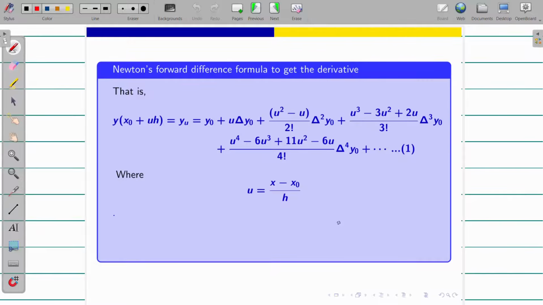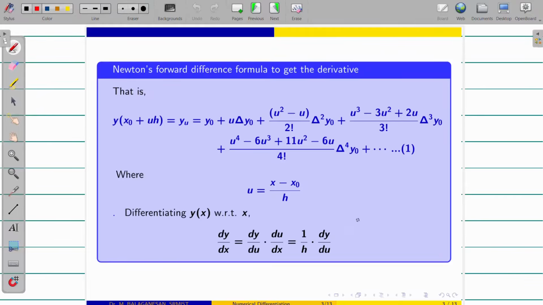Now listen very carefully. I'm going to explain in detail how to derive the first derivative. Look at that. I have to find dy by dx, but x is not there in the equation. That's why I'm going to rearrange. I have u.